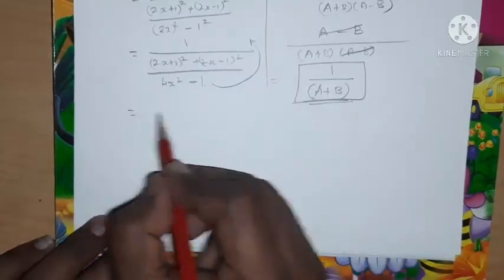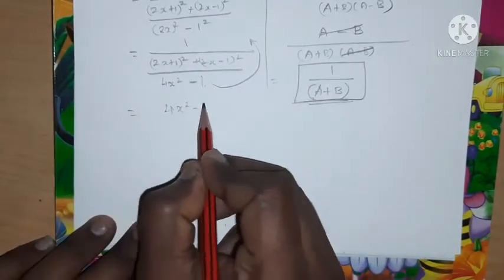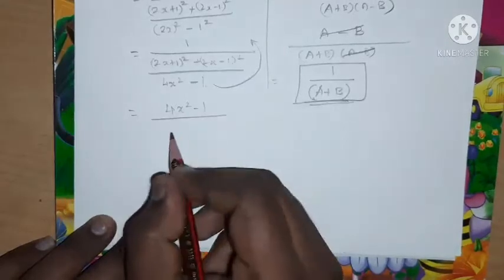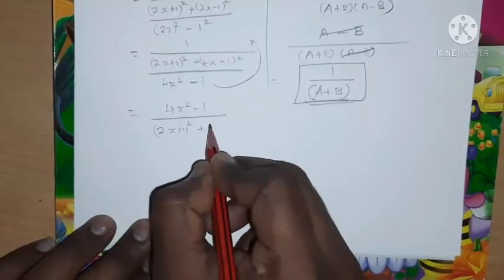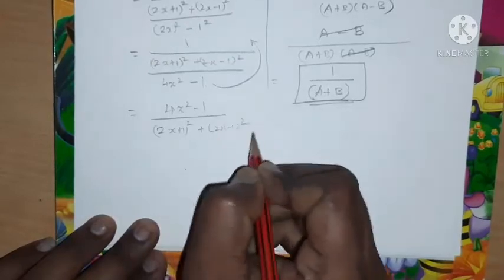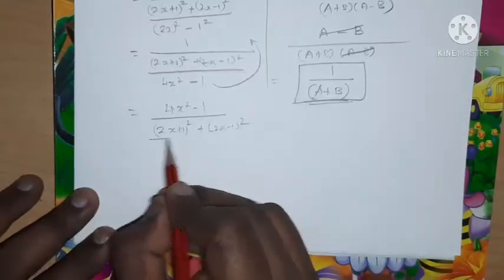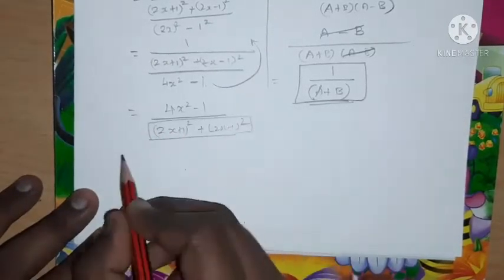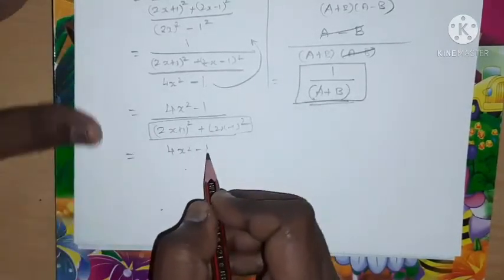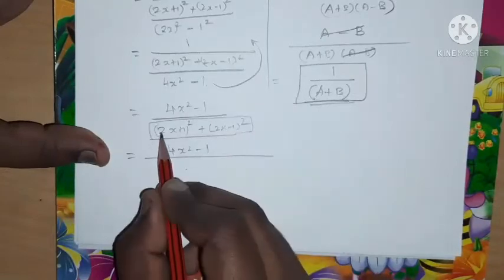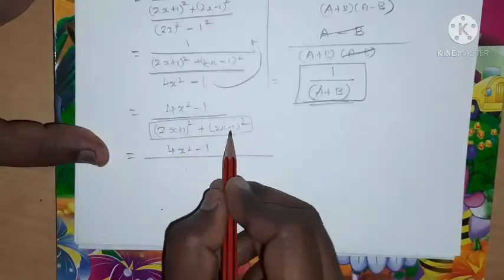Now I am going to write it as (4x² − 1) divided by [(2x + 1) whole squared plus (2x − 1) whole squared]. Now I am going to expand the denominator. So when I expand, what will I get? (4x² − 1) divided by, so (a + b) whole squared, (a − b) whole squared.